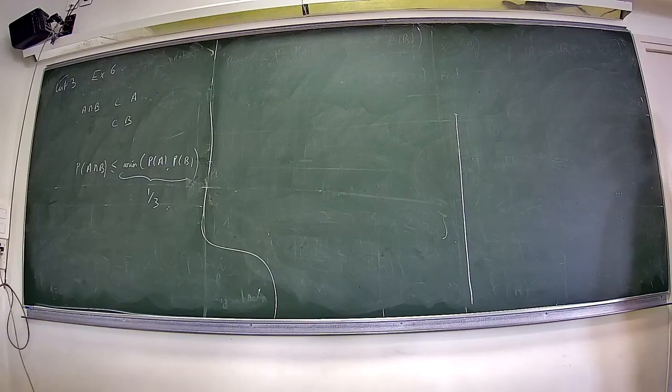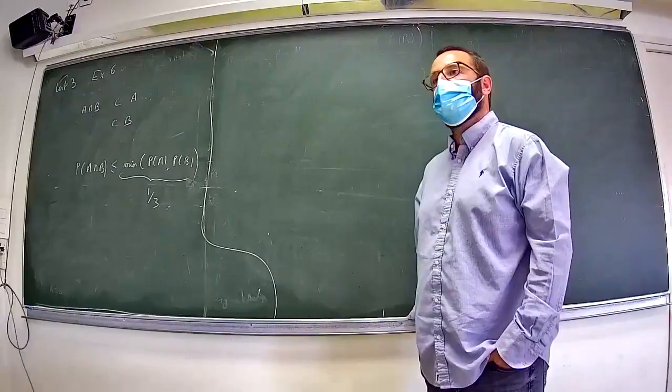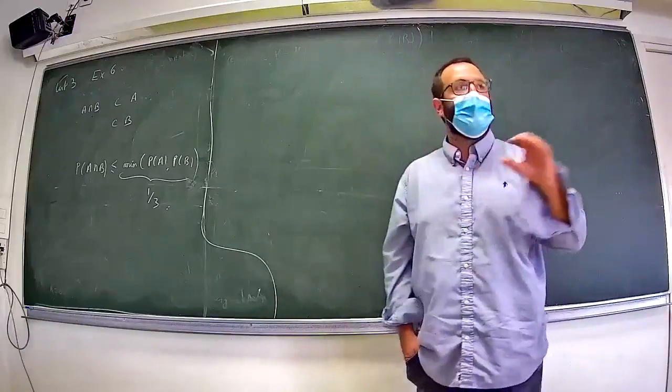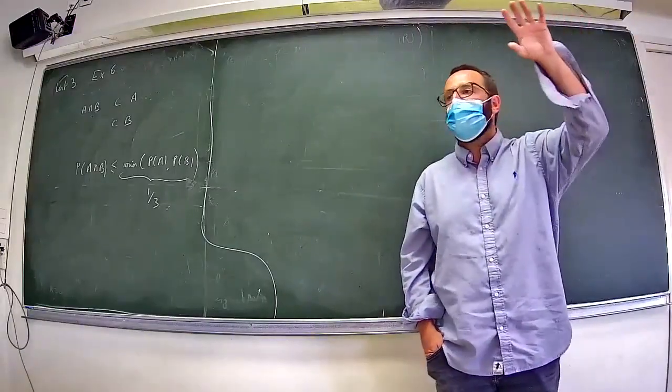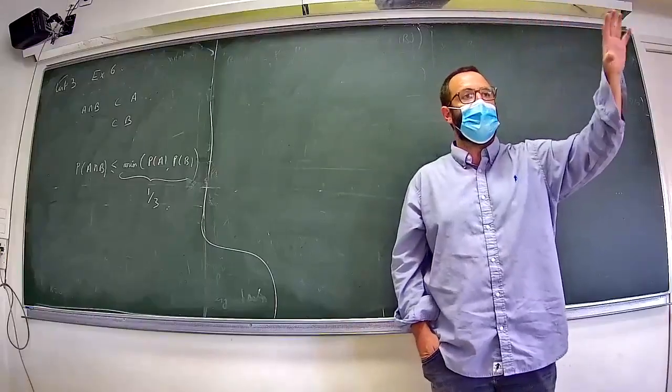Do you have an idea for the other one? Can they intersect in one element? No. I repeat, it's not possible for you to take a particular case. I want you to prove this in its full generality.